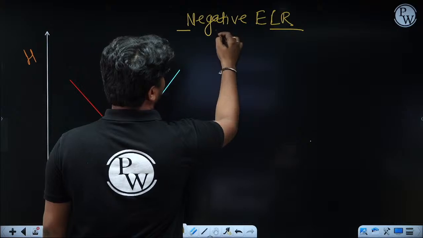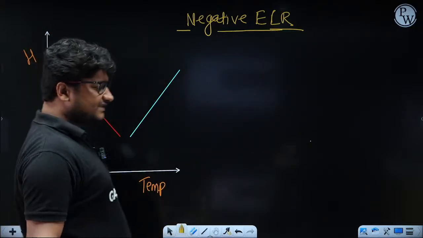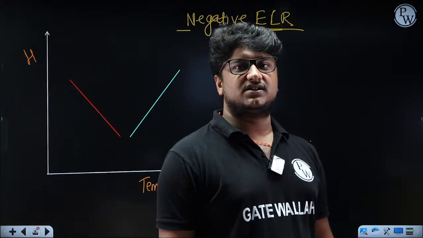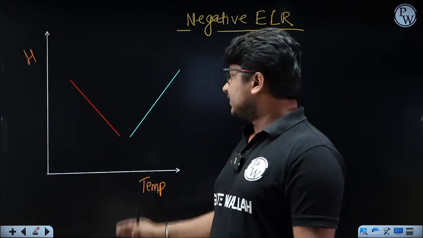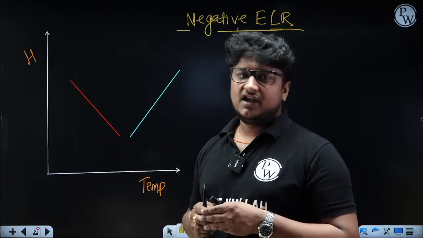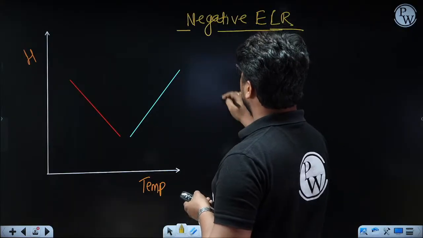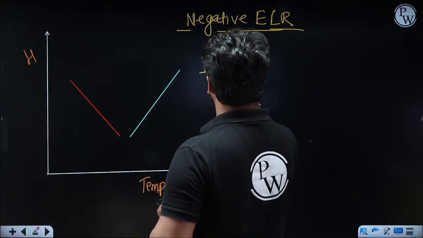In this negative ELR, what happens, my dear? As you can see here, the warm air parcel will have an adiabatic lapse rate, but the surrounding air is going in a completely opposite direction. So in this type of situation, this condition is named as inversion.